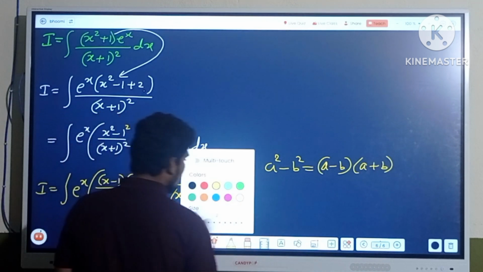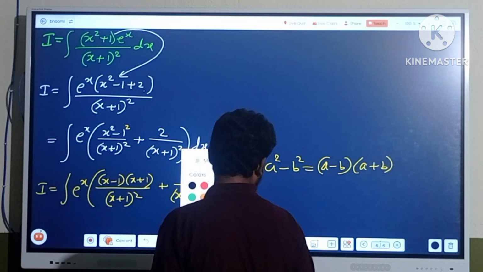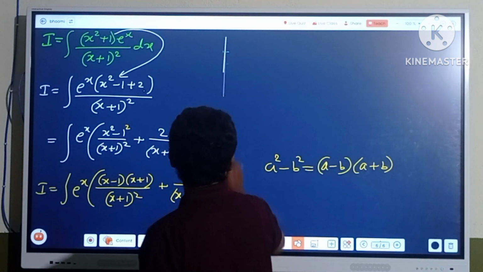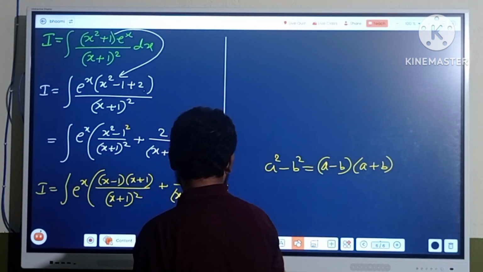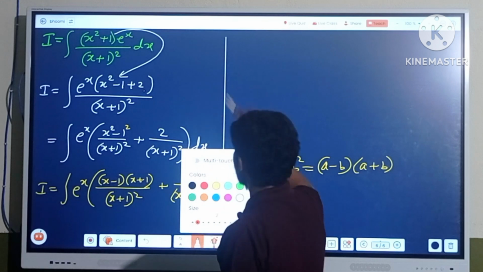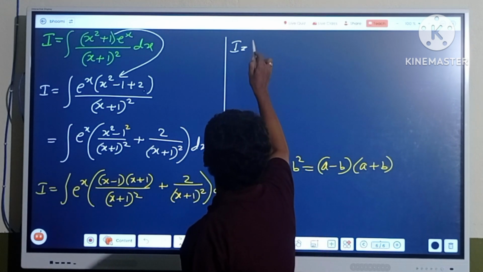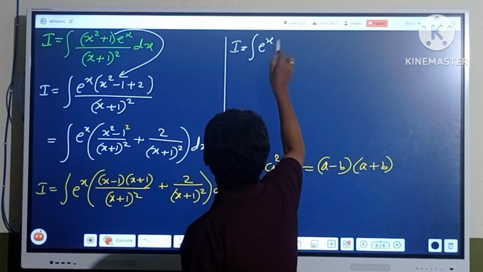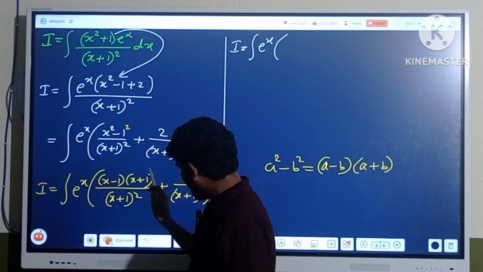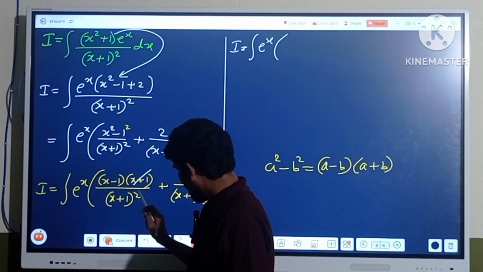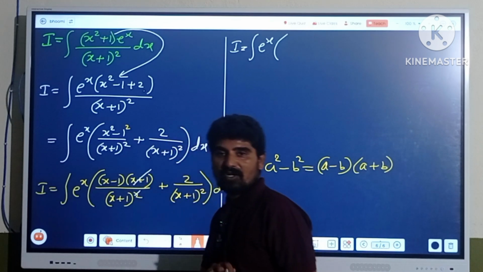Now, this I can be expressed as I is equal to integration of e power x into... Here we may cancel x plus 1 with one of the x plus 1 from the denominator.